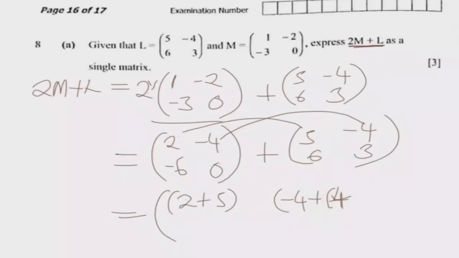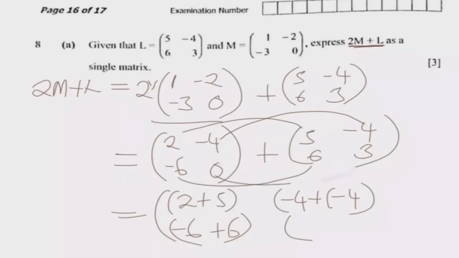Let me write properly because I may get confused. Then we add -6 plus 6, and 0 plus 3, each in brackets as well. Then they'll be in a bigger bracket like that one.